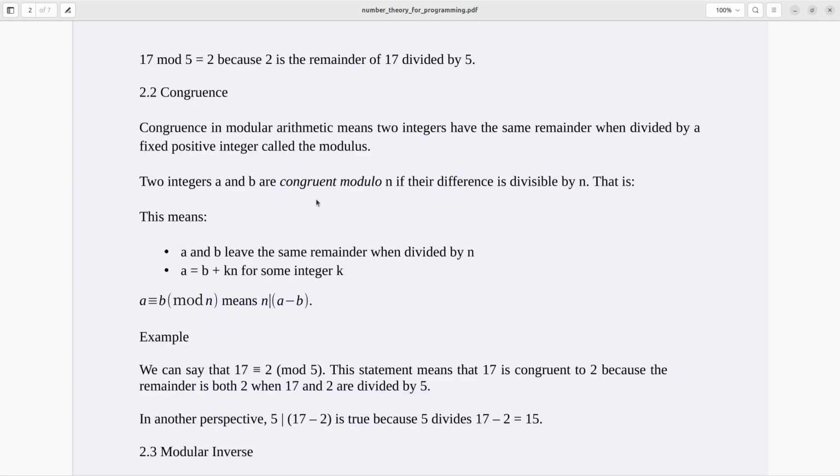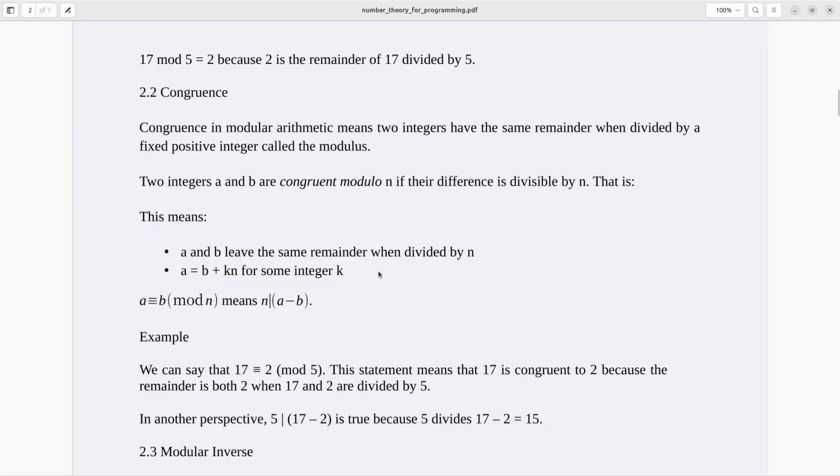So let us see this elaboration here. A and b can leave the same remainder when they are both divided by n one by one. A divided by n gives us a certain remainder, and b divided by n gives the same remainder as a does. Then we say that a and b are congruent.